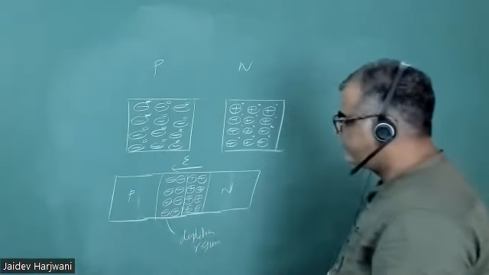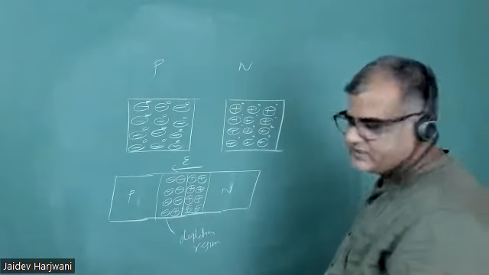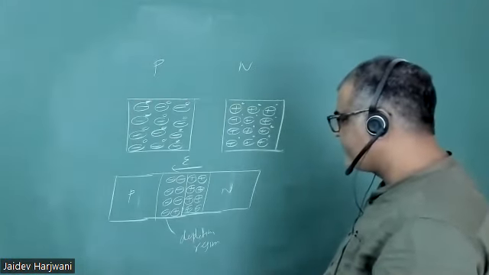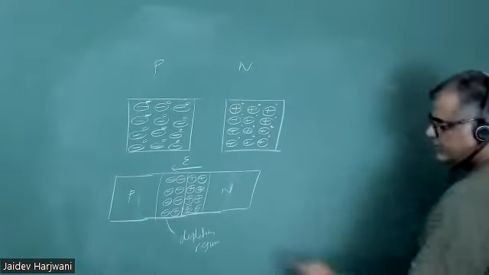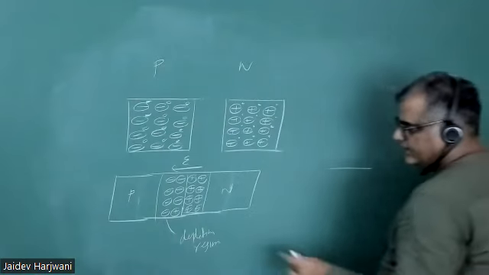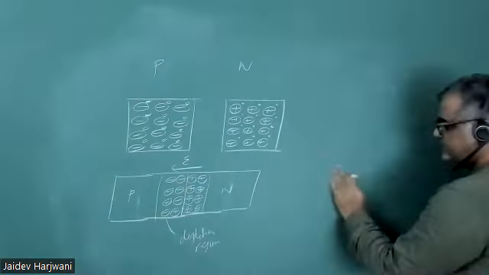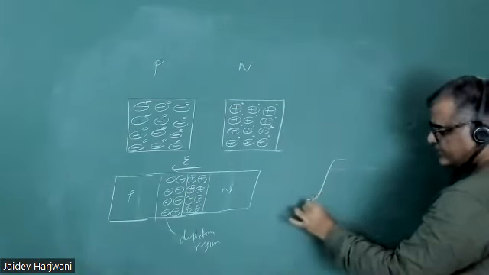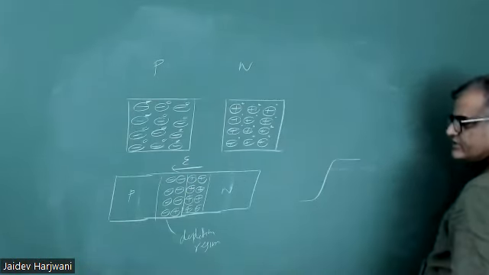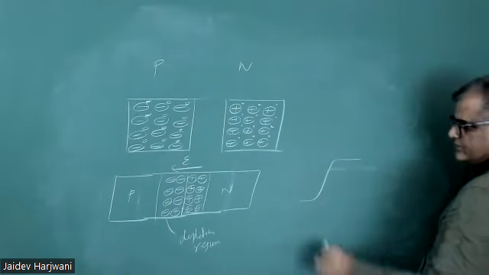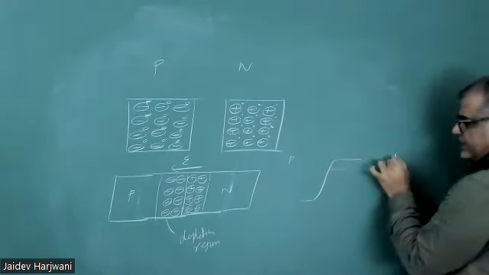Okay, now because there is separation of charge carriers, that means there is a barrier also. So if I draw the potential barrier, from this side to this side at the interface, there is a potential barrier. So this is your p side, this is your n side.